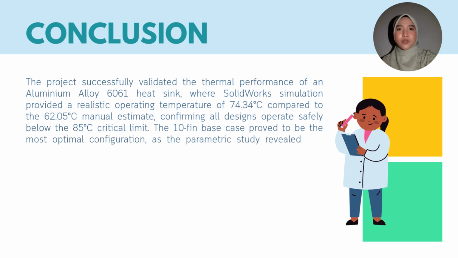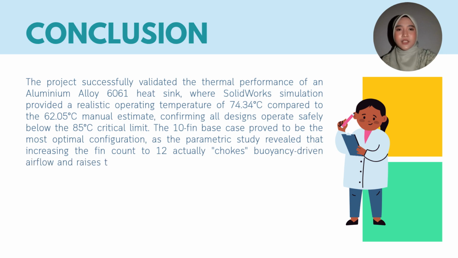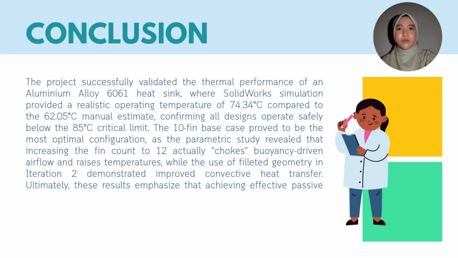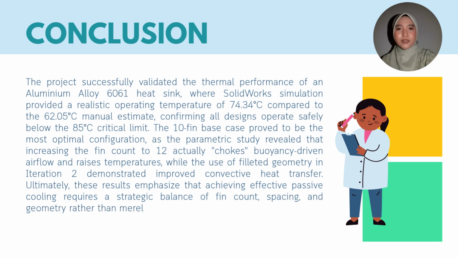A key finding was that increasing fin density can counterintuitively choke natural convection, as seen when the 12-fin configuration raised temperature by restricting airflow. Ultimately, effective cooling depends on a strategic balance of fin count, spacing, and geometry rather than simply maximizing surface area.